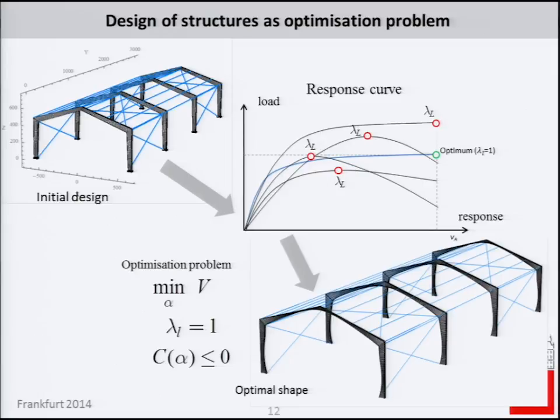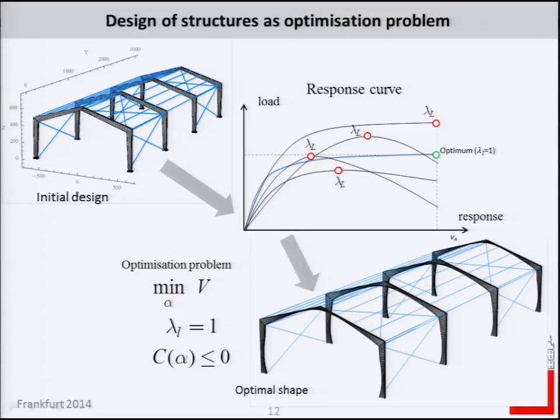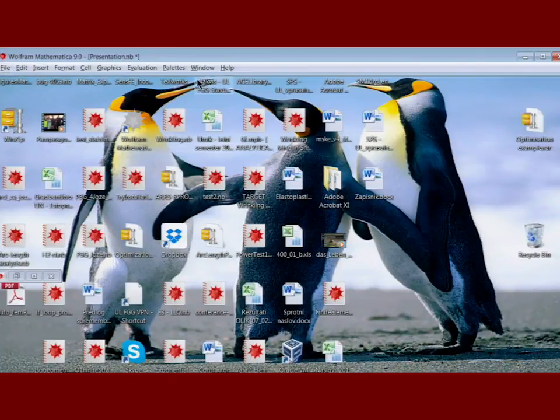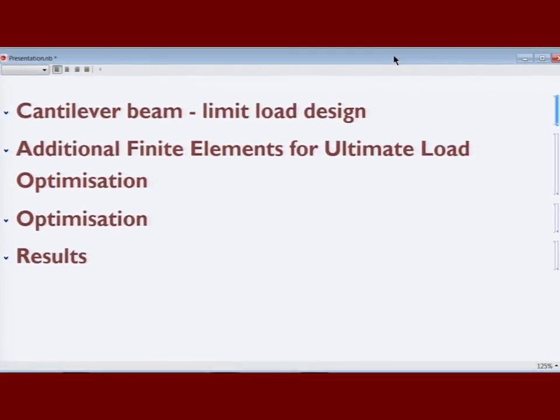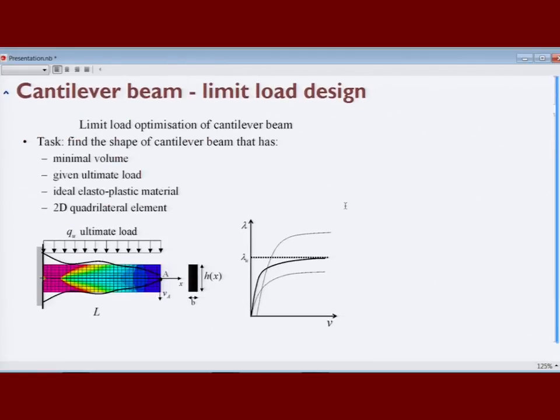Of course, to run this example would be too much, so I will run a little bit smaller example. This can be optimized in real time. So it's a cantilever beam. Like here, it's a 2D problem. The one before was 3D, but it's the same one.